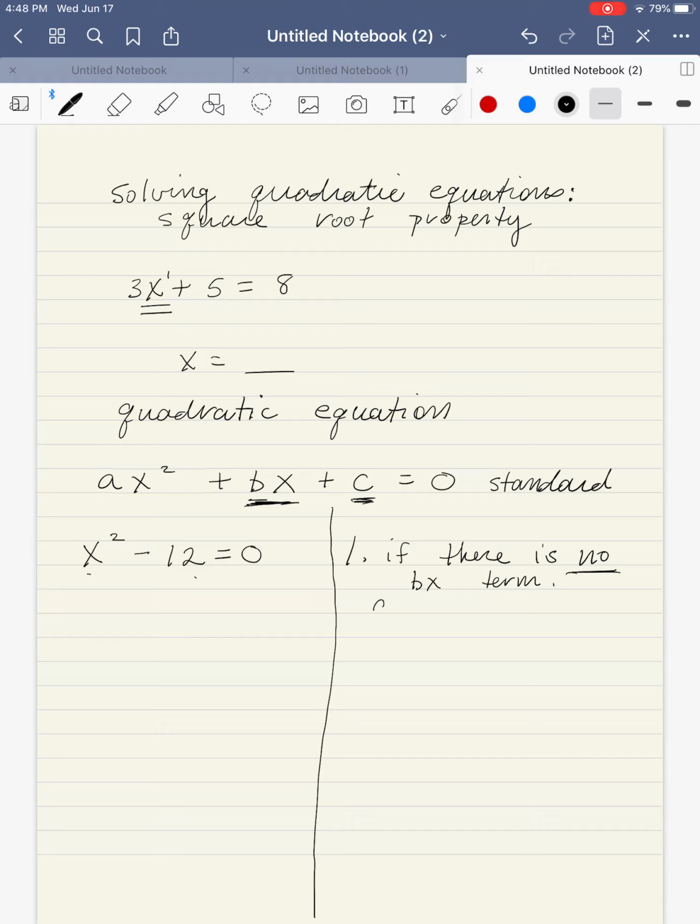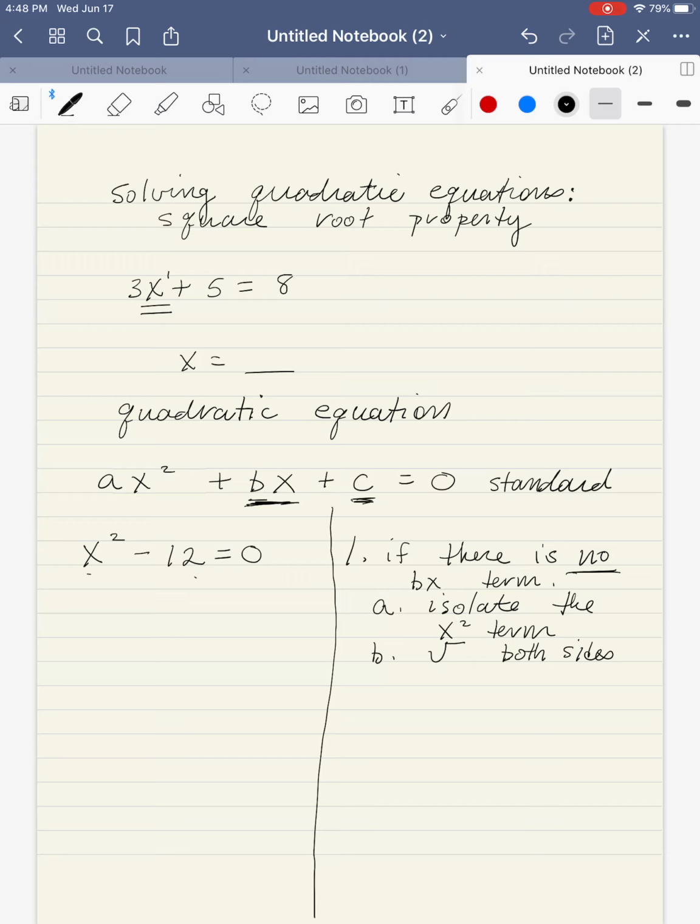So there is no bx term. We're going to isolate the x squared term, in other words, get everything else on the other side of the equation. And then we're going to take the square root of both sides.